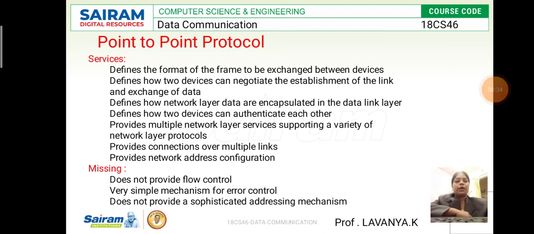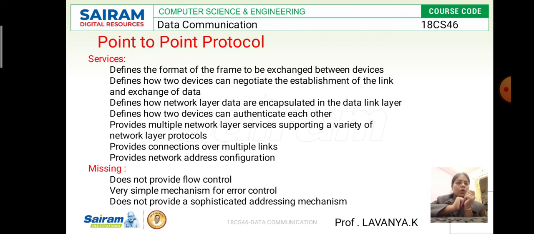First of all, what is the point-to-point protocol definition? The point-to-point protocol is an end-to-end system connection, where the sender wants to communicate with the receiver. Between that sender and receiver, we have to establish only one transmission link, or one transmission path, and through that we do the transactions.